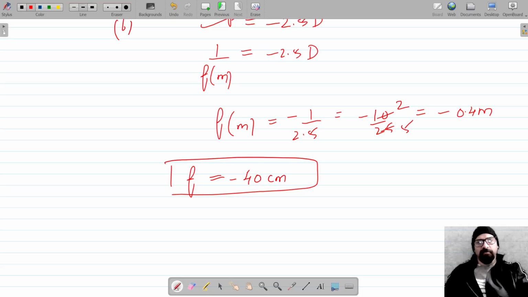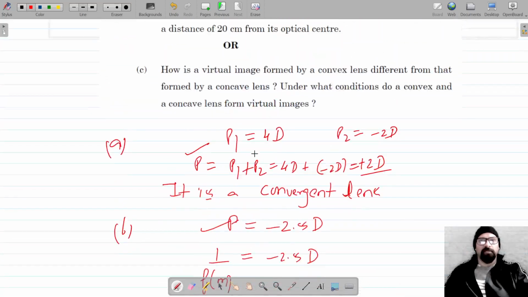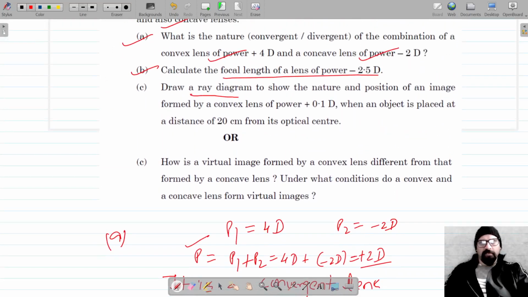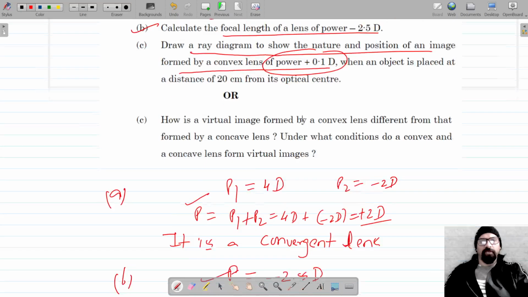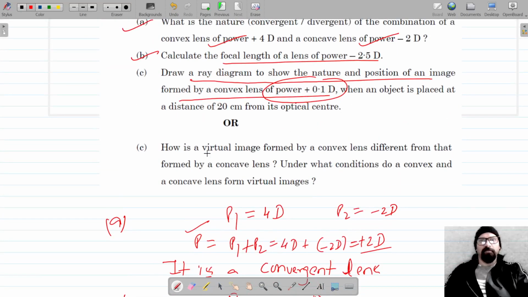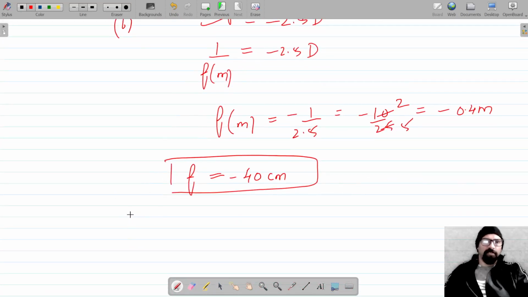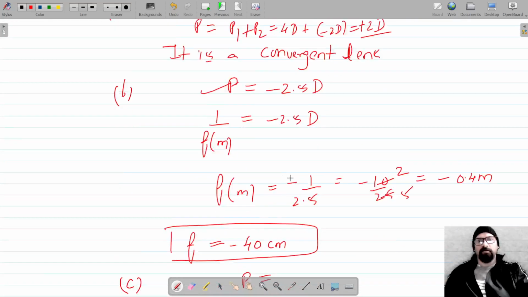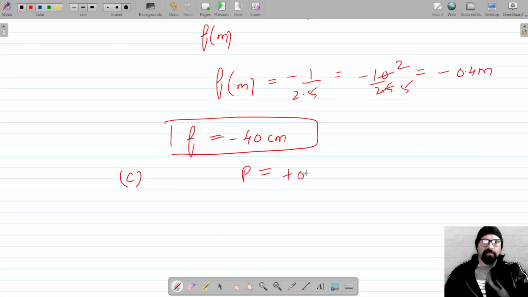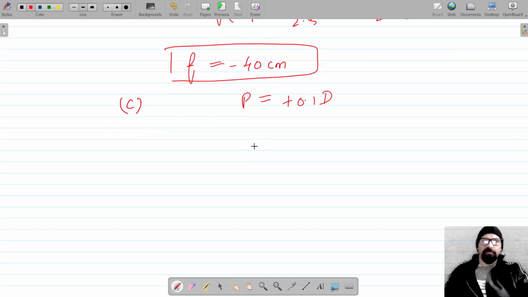Okay, now moving on to the next part. Now we have to draw a ray diagram to show the nature and position of an image formed by a convex lens of power 0.1 D. Let's find its focal length first.